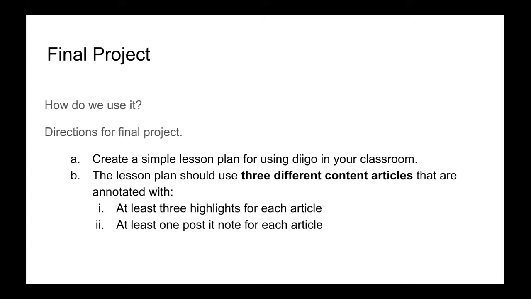And we want you to annotate them. We're asking for a minimum of 3 highlights. You're more than welcome to do more than that if you want, and then add at least 1 post-it note on each article. And again, you are making these so you can use in your class come next fall.